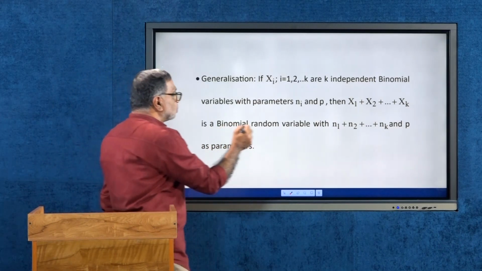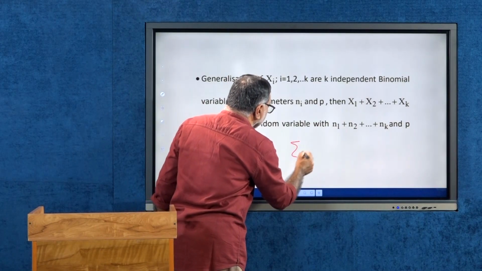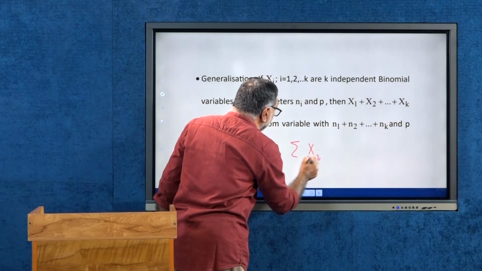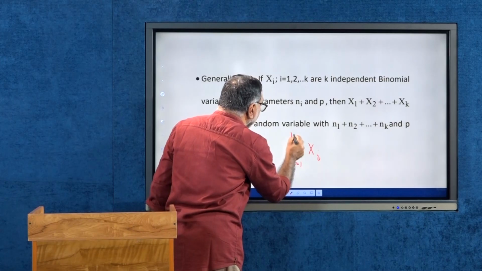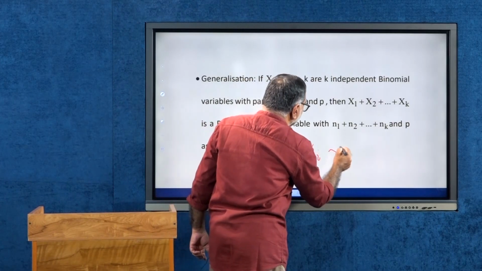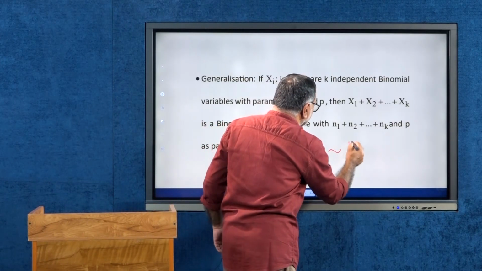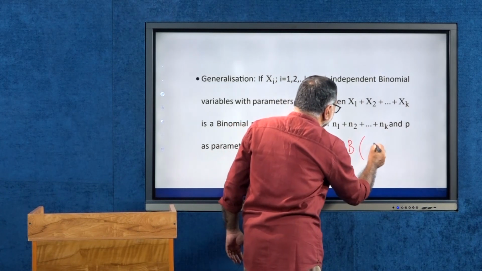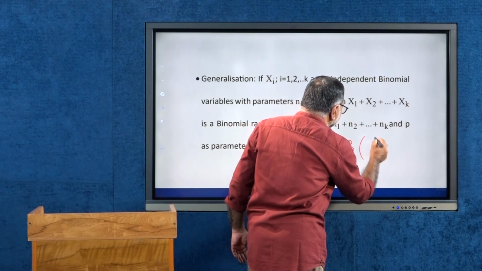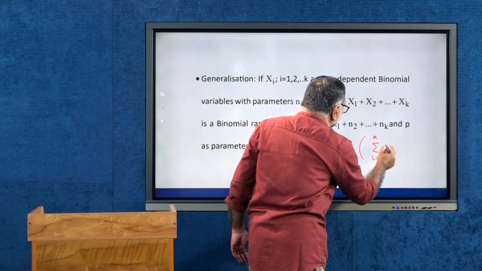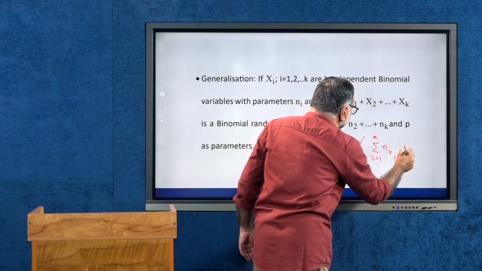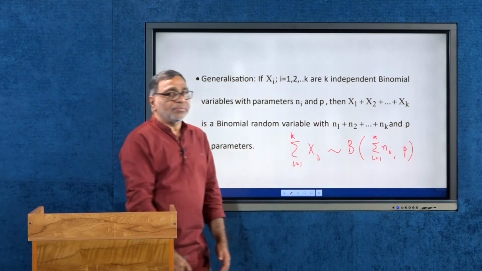That is, suppose we have k independent binomial random variables, then the sum of the binomial random variables is again a binomial with a sum of parameters. This is the generalization of the additive property.